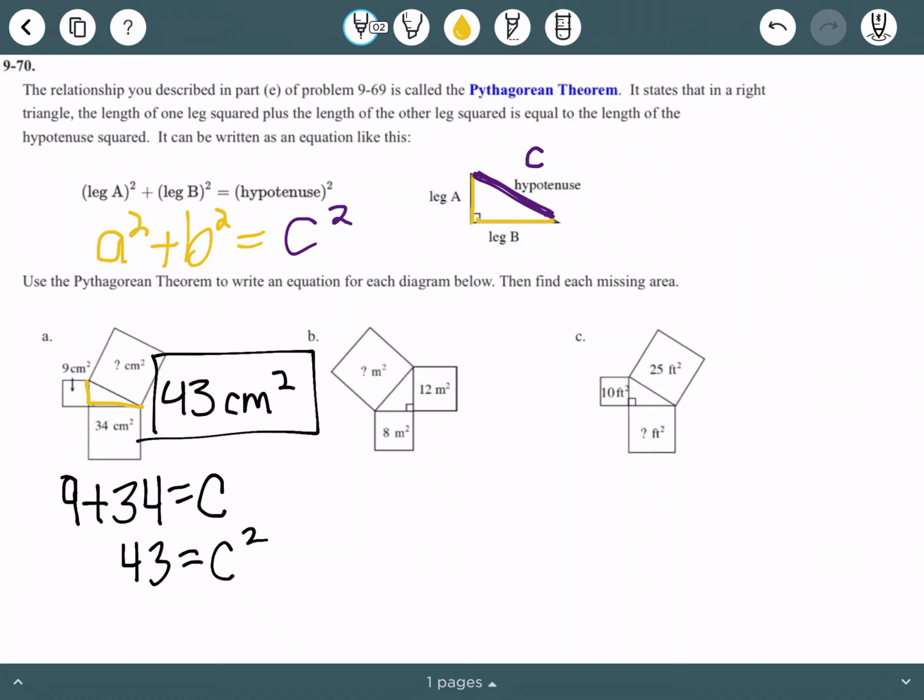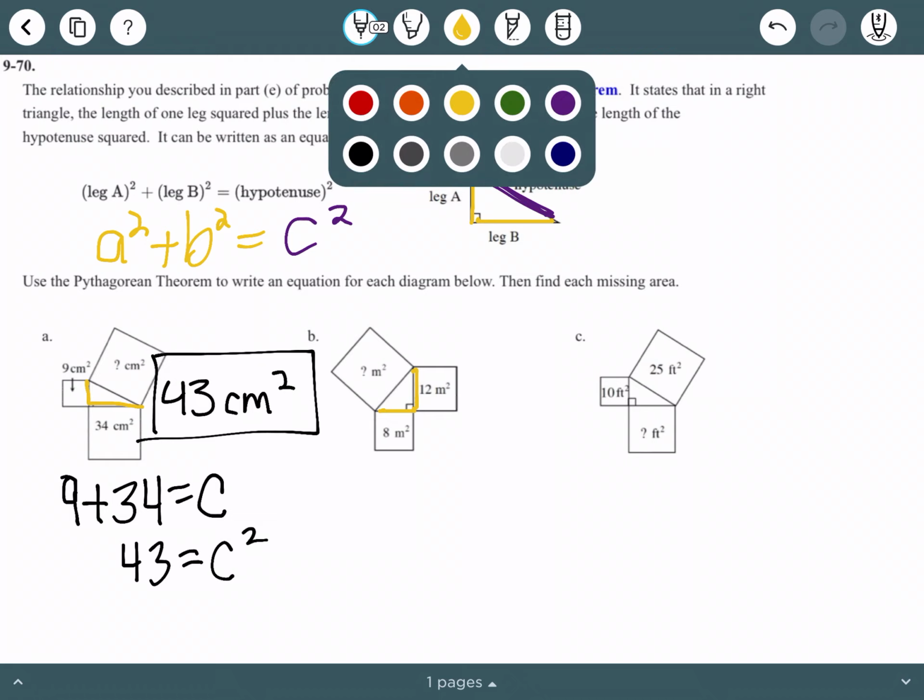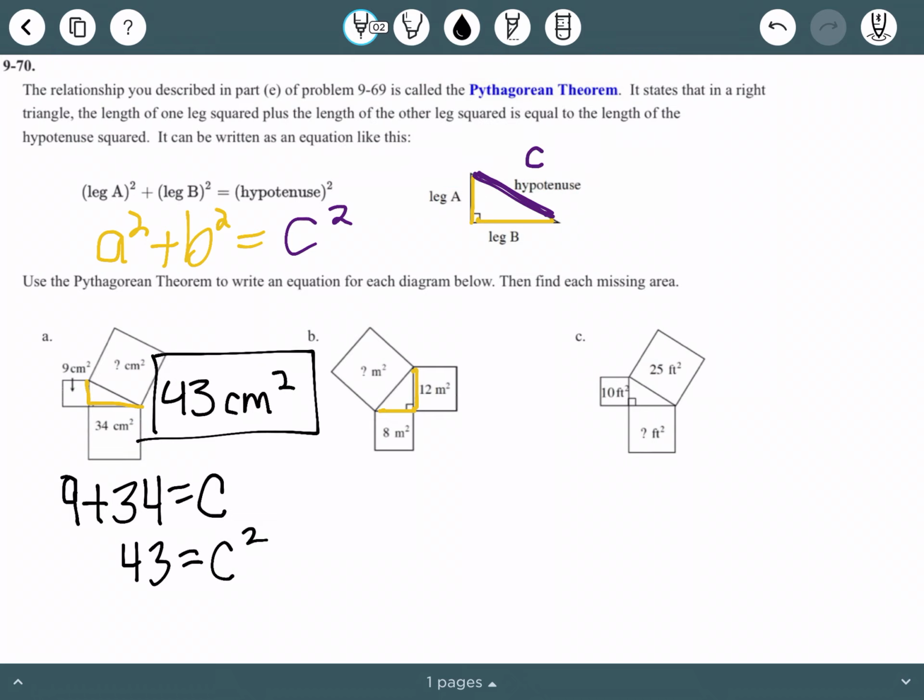All right, you're going to see in part B now that they have also given us the areas for the legs. So they've given us the a squared and the b squared. All right, so that means we need to find the area of that square that shares a side with the hypotenuse.